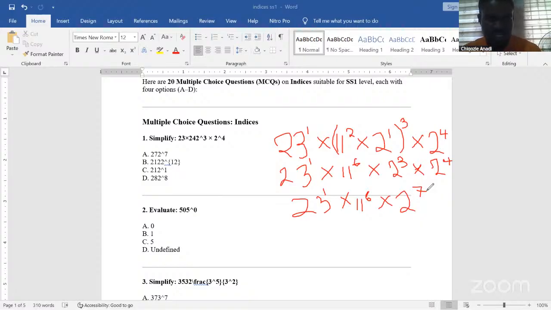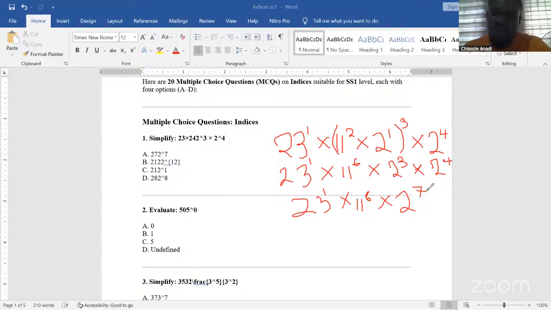From what you're seeing here right now, this will be your final answer. So there is no answer for question one, because if you multiply this, you won't get any answer that's in any of those options. So your answer is 23 raised to power 1 times 11 raised to power 6 times 2 raised to power 7.